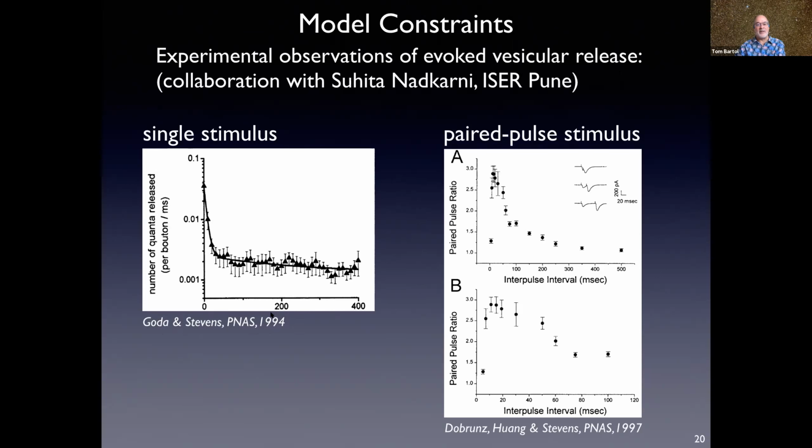This is time in milliseconds on the x-axis. I apologize for that. I never noticed that before. And then Dobrunz, Wang, and Stevens, 1997, response to two paired stimuli at different time intervals between the stimuli. The change in probability of release after a paired pulse. You can see what's called paired pulse facilitation, but no depression here.